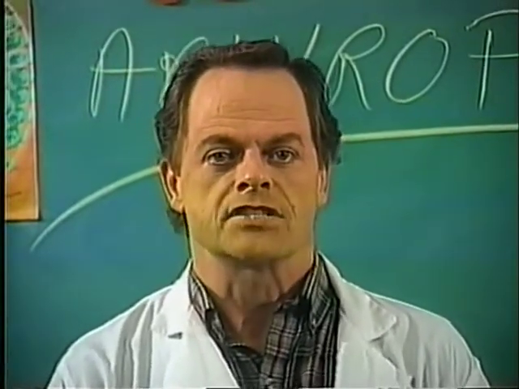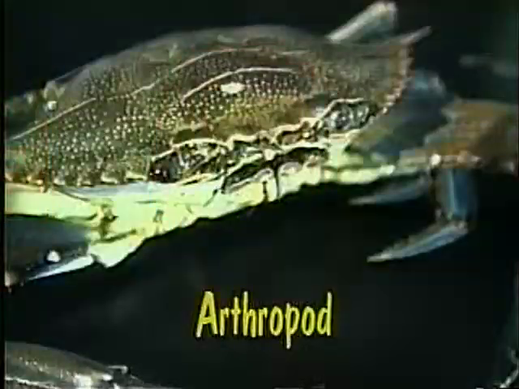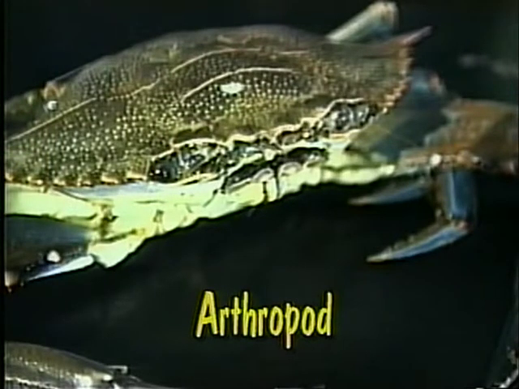Let's take a look at a large arthropod and see if it has the telltale characteristics. This crab is segmented. See the legs? It has a hard exoskeleton, antennae, and 3 sections: the head, thorax, and abdomen. This crab is an arthropod.